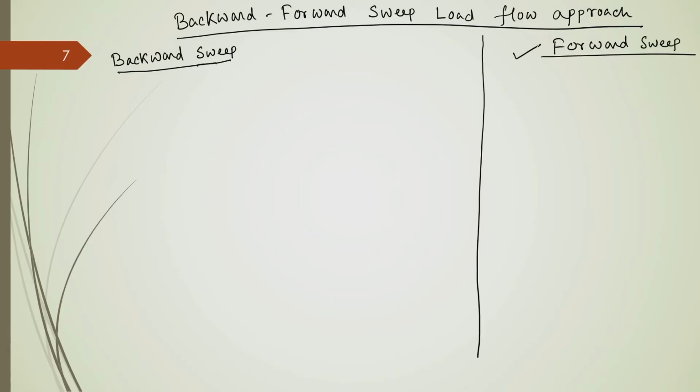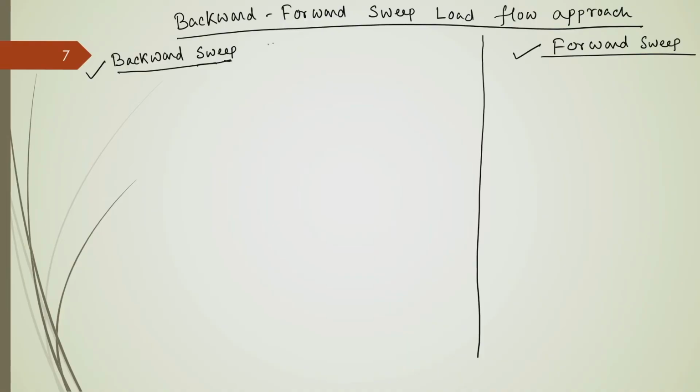Forward sweep is very easy to understand. Backward sweep is a bit complex, but it is not as complex as the other types of load flow algorithms. Now, in backward sweep, our objective is to determine the line current.